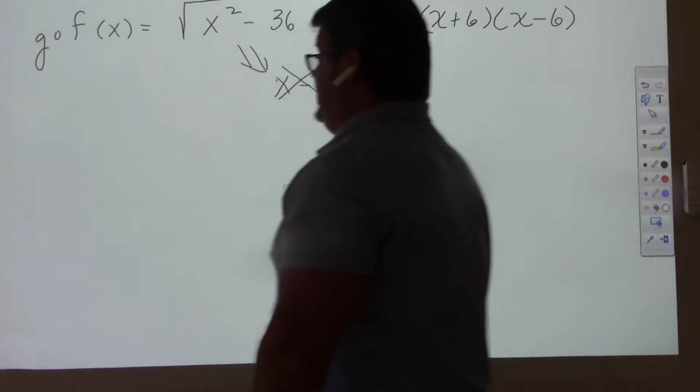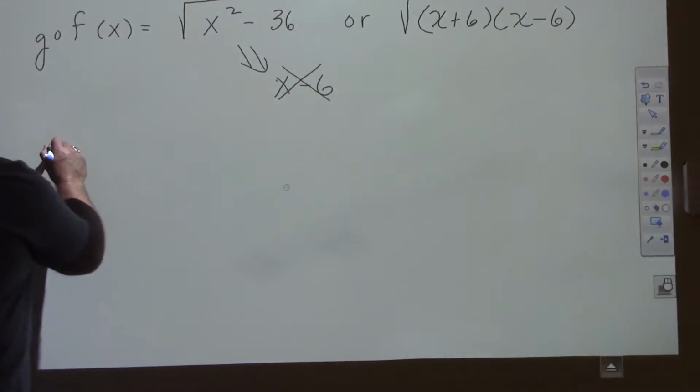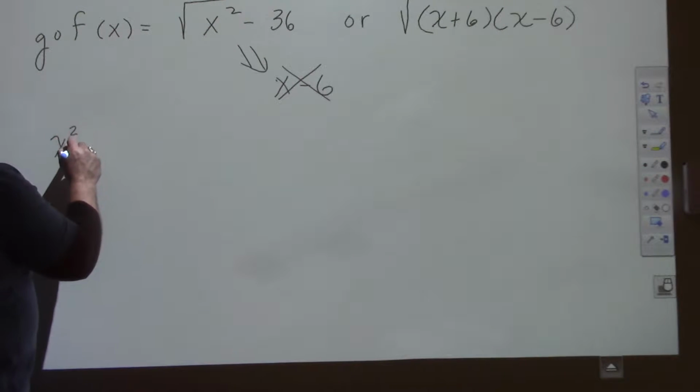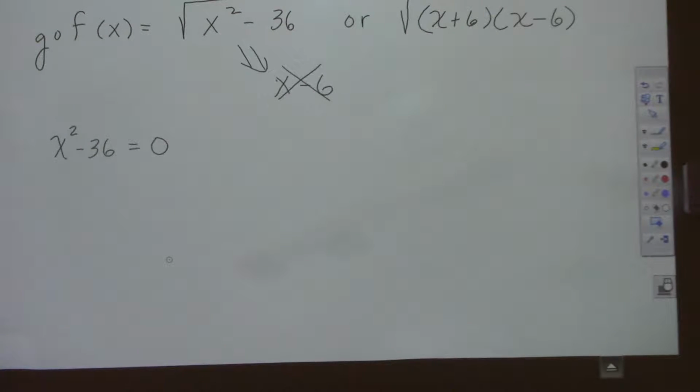Either way, you've got to set the radicand equal to what? You got to set it equal to 0, Hubert. That's right, class. Why do you got to set it equal to 0? Because that's the difference between positive and negative. And what are you checking to find? What gives you a negative in the radical?